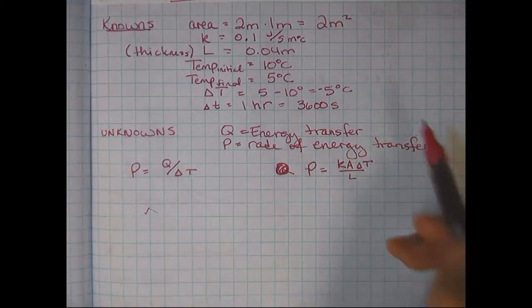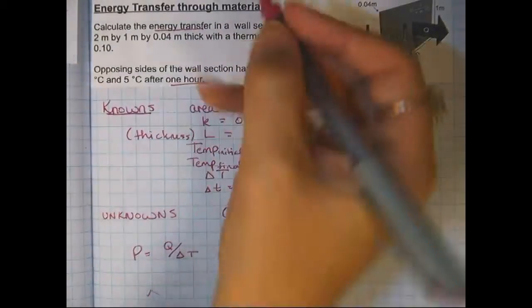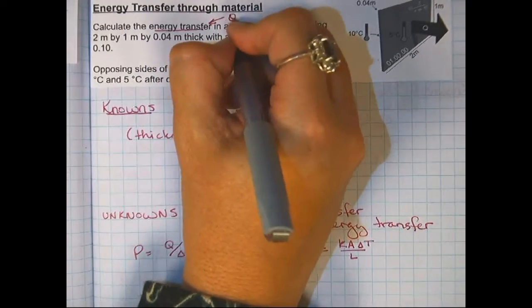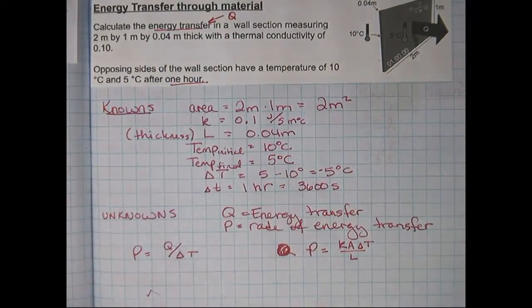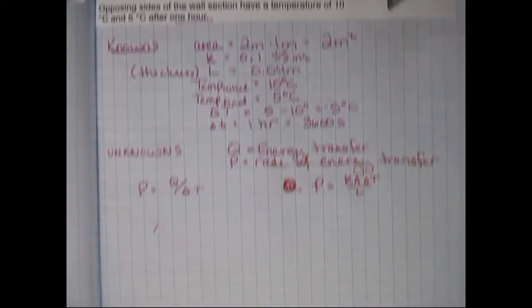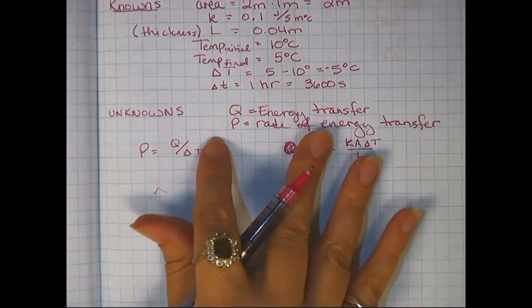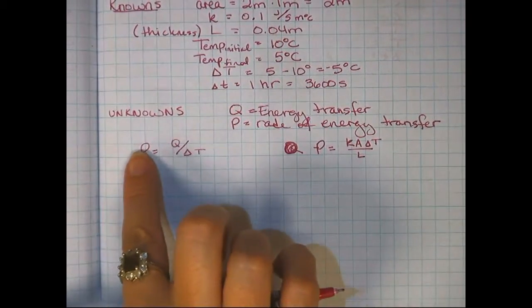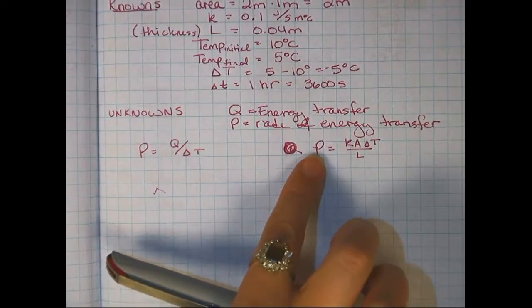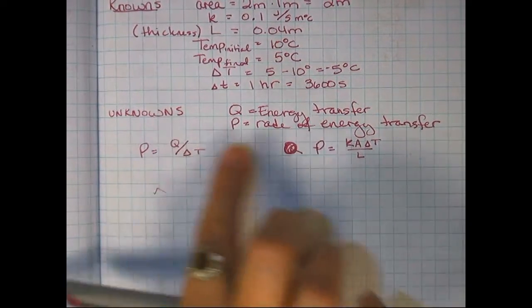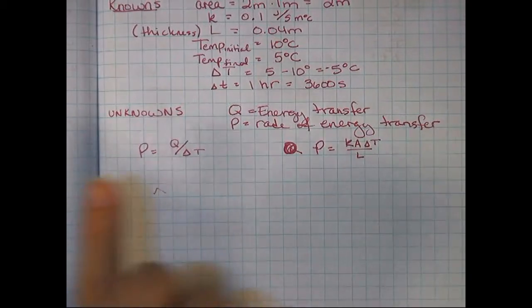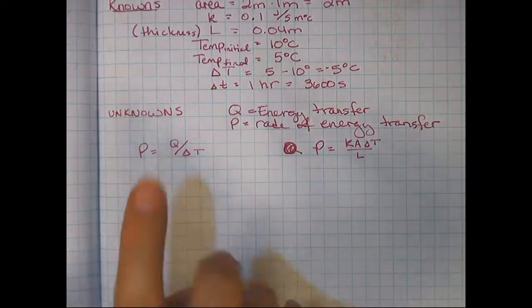So again, I'm really looking in my problem for energy transfer, which happens to be Q, but I can't go straight from the MCAT formula. I'm going to have to work with these two. Because this is the same variable P here and the same variable P there, this P is equal to that P. So I can just set these two formulas equal to each other.